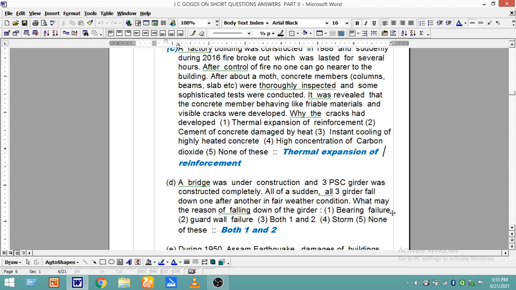Bearing failure, guardrail failure, both 1 and 2, bearing and guardrail failure, storm, none of this. Answer is bearing and guardrail failure. First the bearing fails, then it affects the guardrail. So 3 girders fall down.